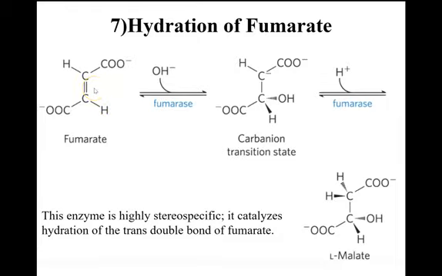The special thing about this is that fumarate has a trans double bond, as you can see right here. It has to have this trans form in order for this particular enzyme activity to work. And this enzyme is called fumarase. It produces this chiral center that is located right here that has the L configuration.